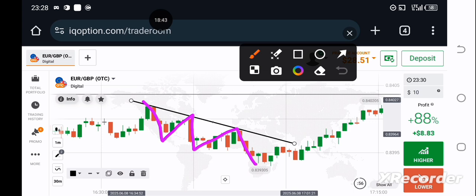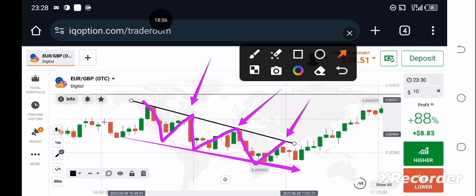These are your entry points. These are where you're supposed to be entering the market, whenever it hits that level, like this. This is what we call a channel.